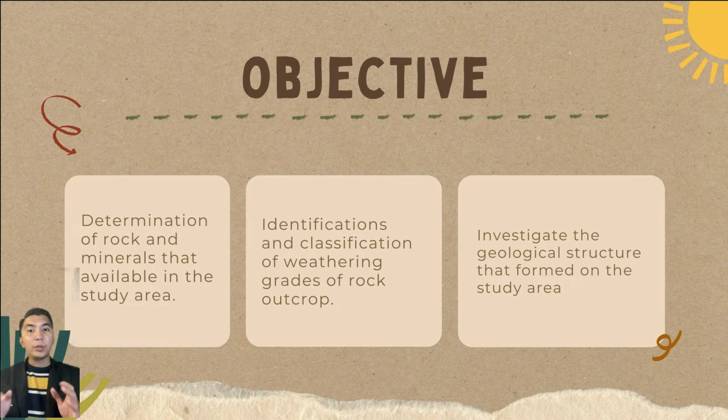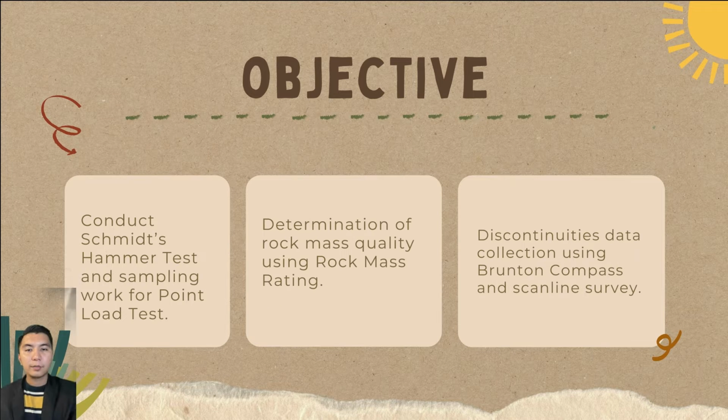For the objectives, we have many objectives. First, determine the rock and mineral that are available in the study area. Second, identification and classification of weathering grade of rock outcrop. Third, investigate the geological structure that forms in the study area. Fourth, conduct Schmidt hammer test and sampling work for point load test.